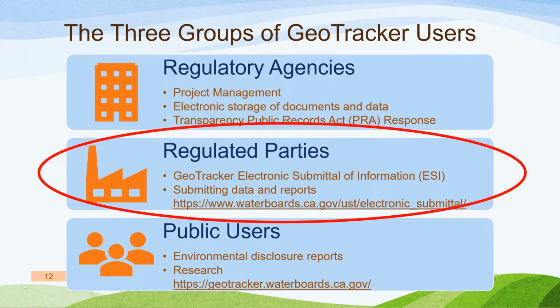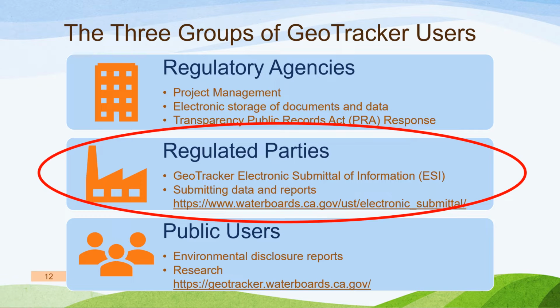So there are three main groups of users that utilize GeoTracker. First are regulators that use GeoTracker to keep track of activities at a facility, have a storage area for electronic documents and data for their sites, and have a quick way to compile files for public record requests. Next, we have the regulated parties who use GeoTracker primarily for submitting data and reports to the water board.